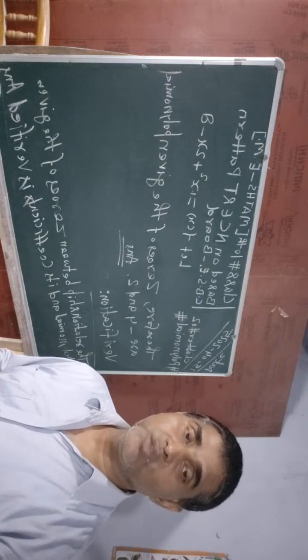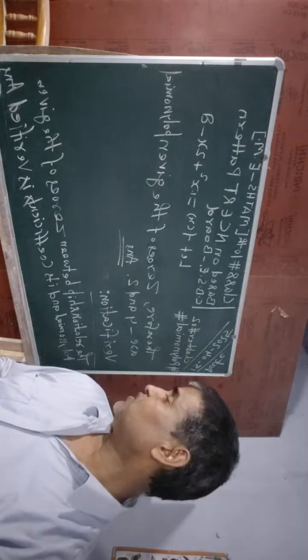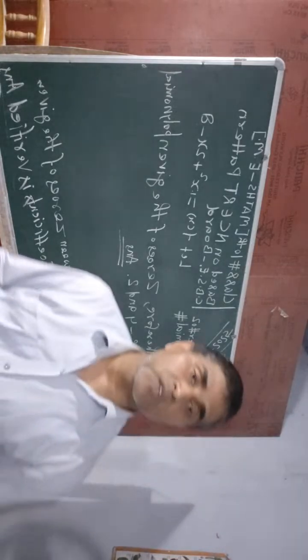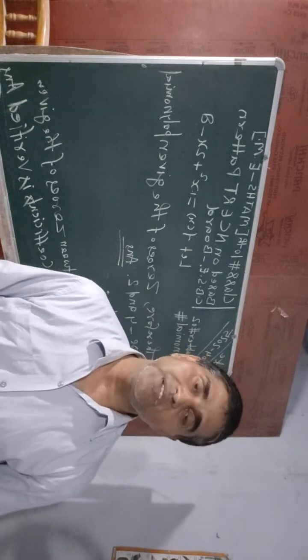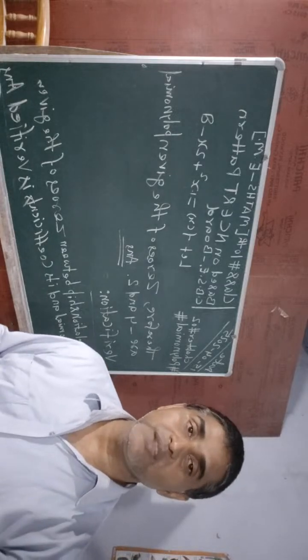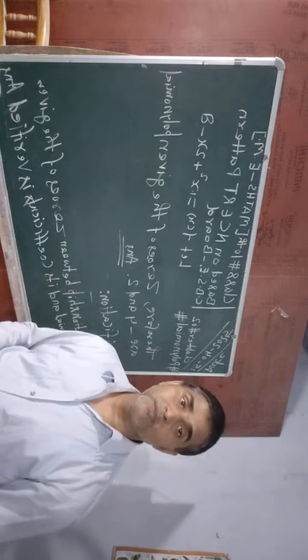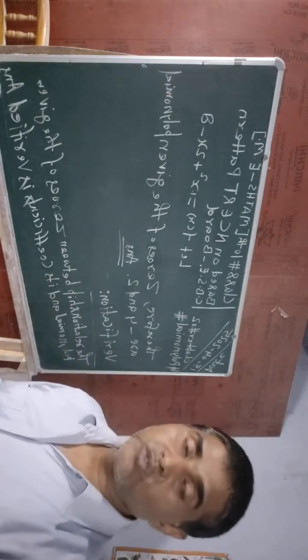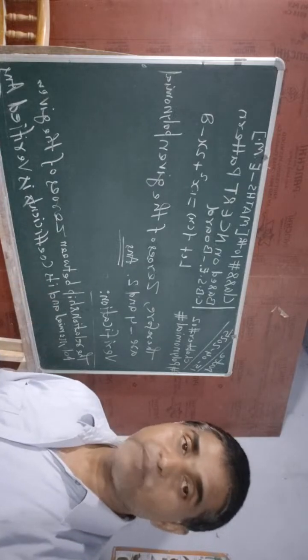After arranging, you will get minus coefficient of x divided by coefficient of x square. And the second condition will be like this: product of the zeros, that will be alpha into beta, which is equal to constant term divided by coefficient of x square. If both conditions are true, then I will say the relationship between zeros of the given polynomial and its coefficients is verified.